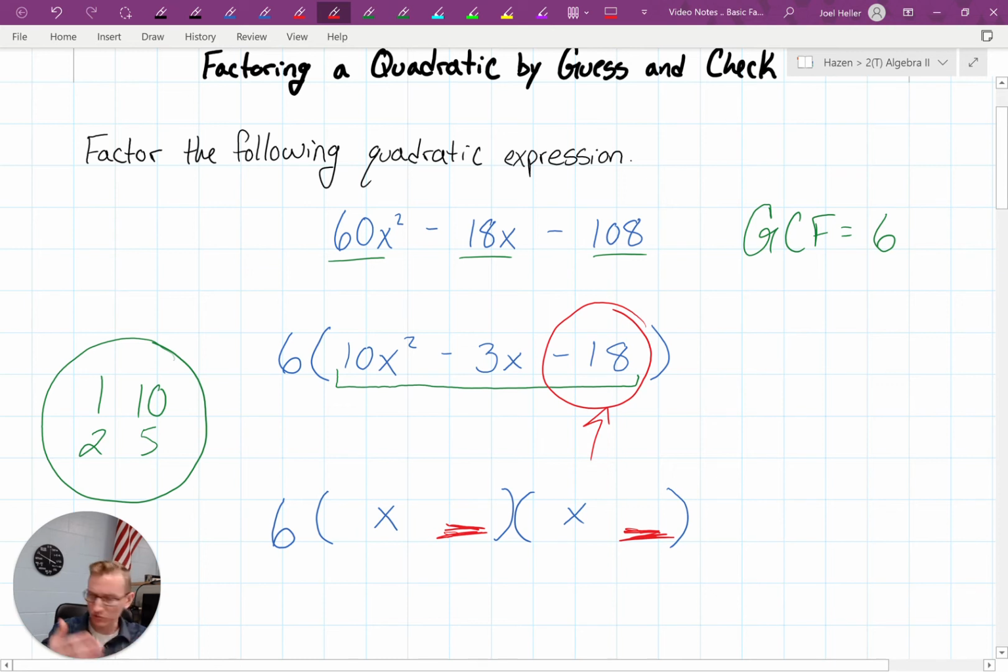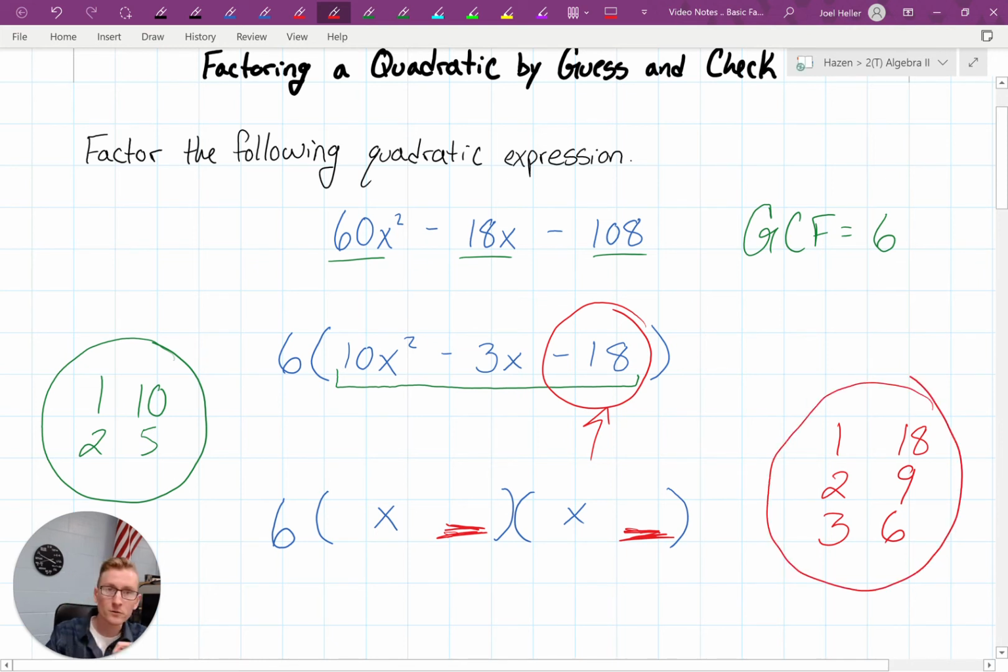So just like I've listed the factor pairs of 10, I'm going to list the factor pairs of 18. It's going to be 1 and 18. Let's see, I've got 2 and 9, 3 and 6. 4 doesn't work, 5 doesn't work, then I'm back to 6. So the only factor pairs here are those. So the possibilities for these numbers have to come from one of these factor pairs, either 1 and 18, 2 and 9, or 3 and 6.